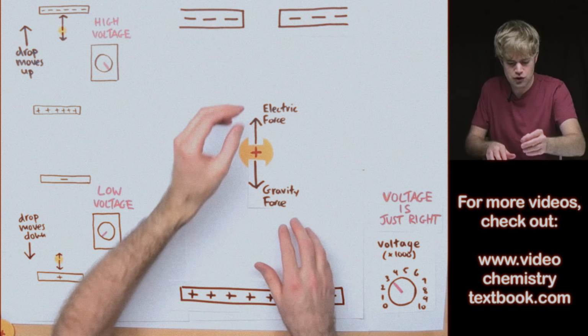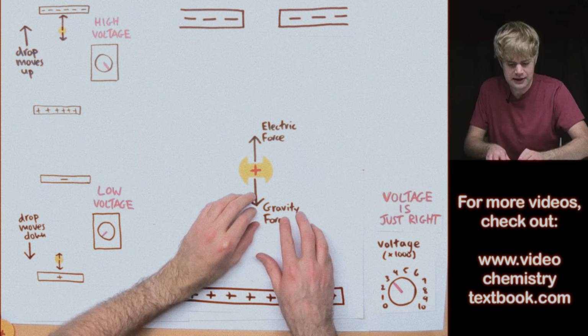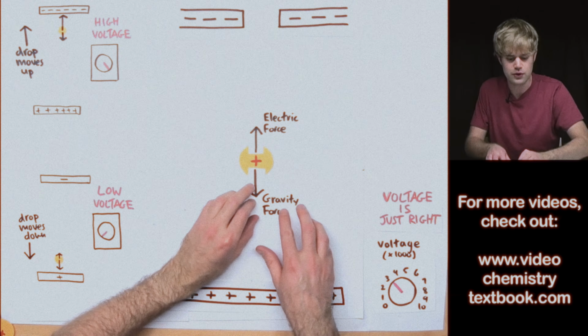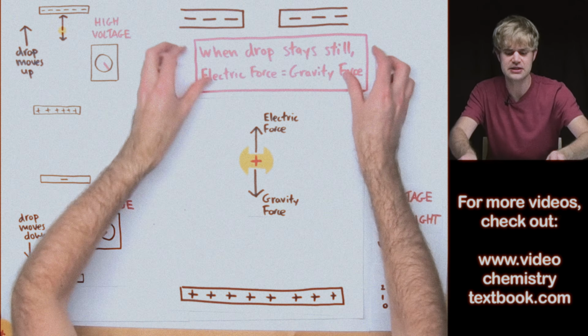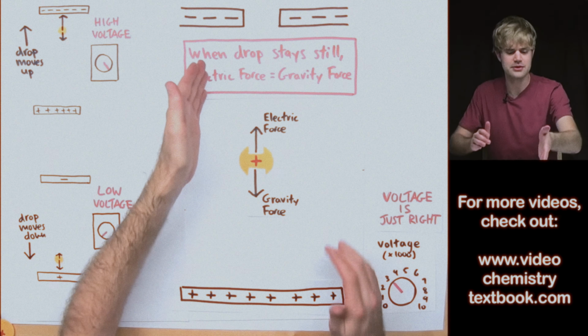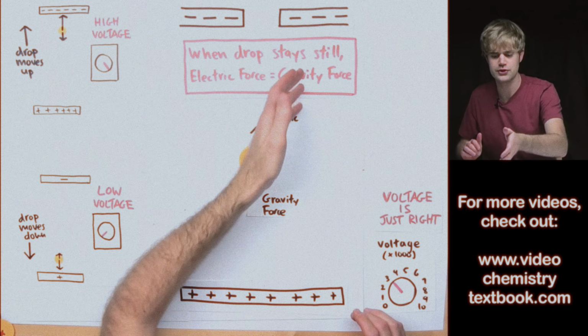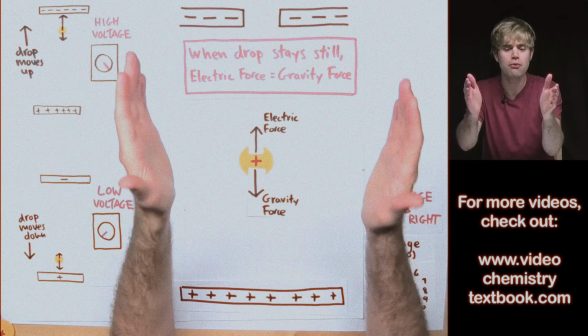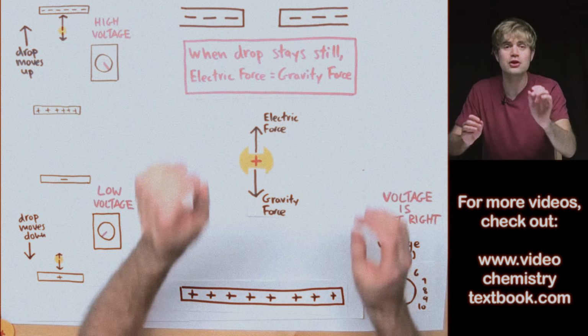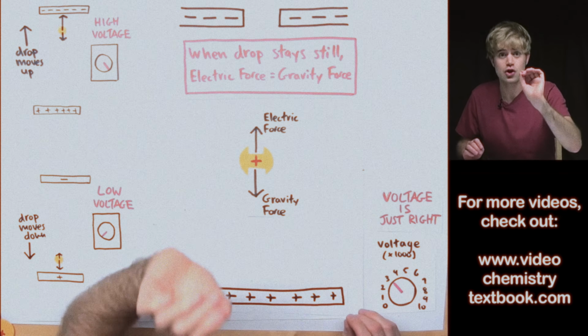So when the electric force exactly equals the gravity force, the oil drop is just going to stay still. This is a very important situation, and it's what the people doing the experiment try to do.